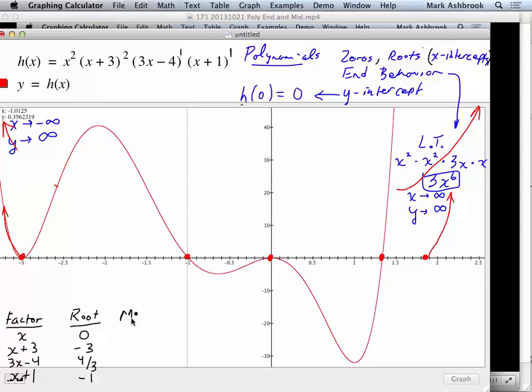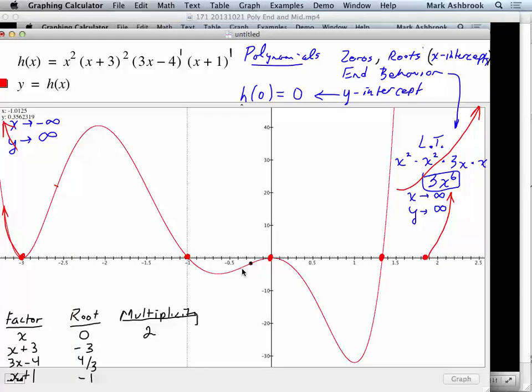So when we're analyzing these, we want to make this chart that includes factors, roots, and their multiplicities. So for the factor x, what's the multiplicity on the factor x? It's a number, right? In other words, what's the power on the factor x? 2, right?